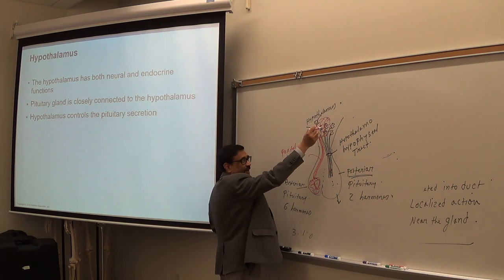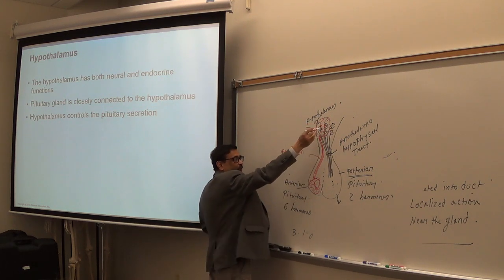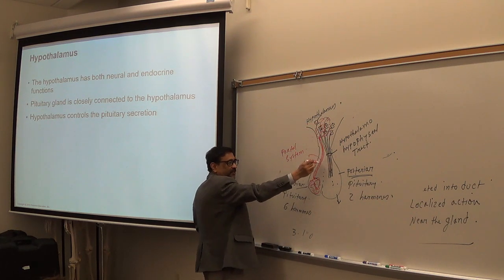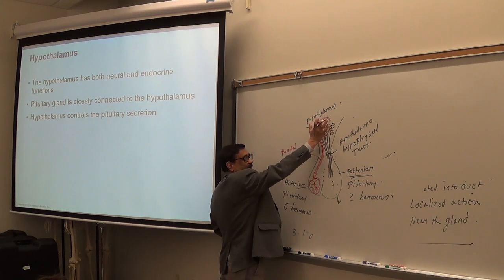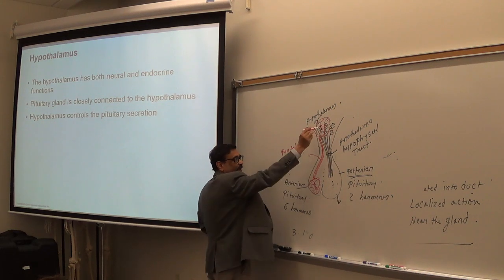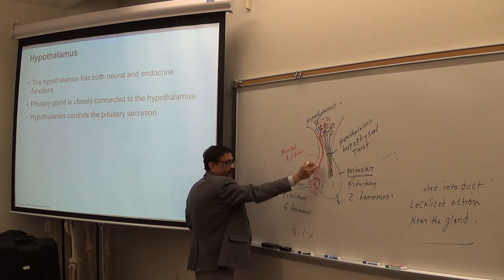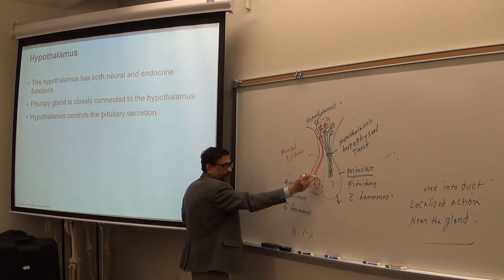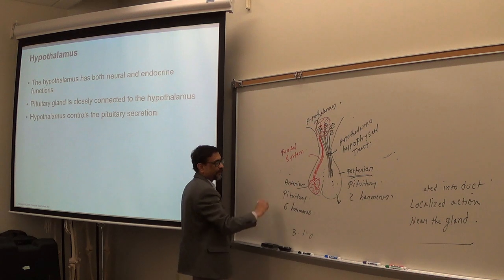Portal system is the blood vessel that connects two sets of capillaries. Here you see two sets of capillaries are connected by this blood vessel. That's why it is called portal system. One set of capillary is in the hypothalamus, another is in the anterior pituitary. That chemical or signal molecules by blood is taken to the anterior pituitary, and that chemical controls the secretion of anterior pituitary.